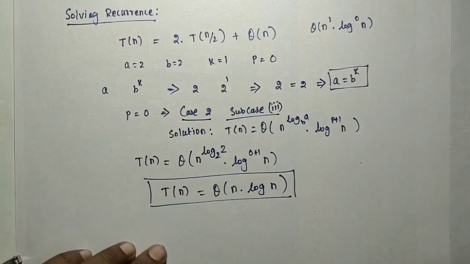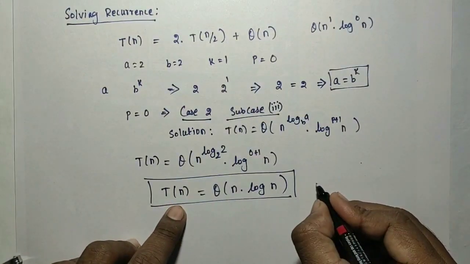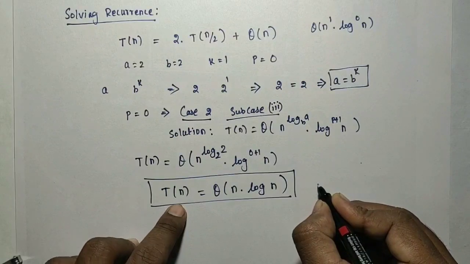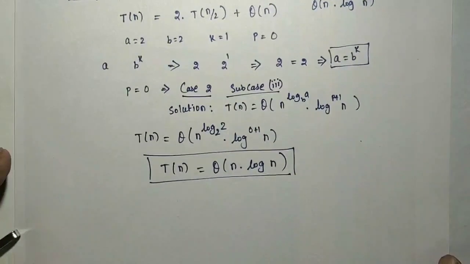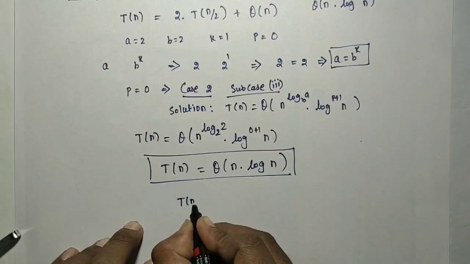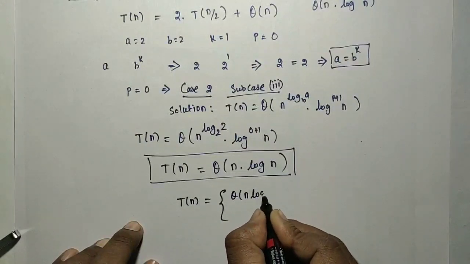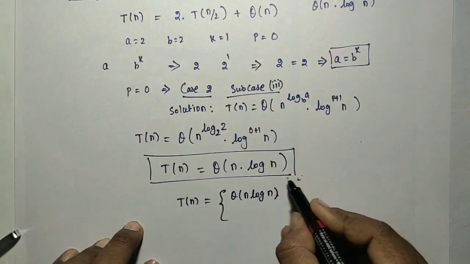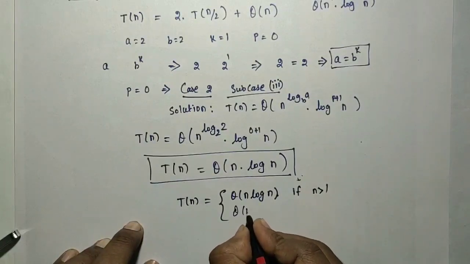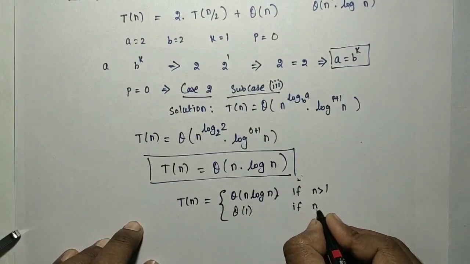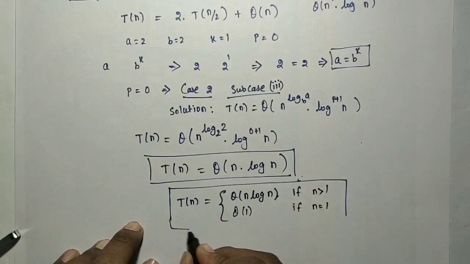While writing the complexity of T of n, this is the case if n is greater than 1. If n equal to 1, the complexity will be 1. So we can also write like this: T of n equal to theta of n log n if n is greater than 1, and theta of 1 if n is equal to 1. Like that we can write.